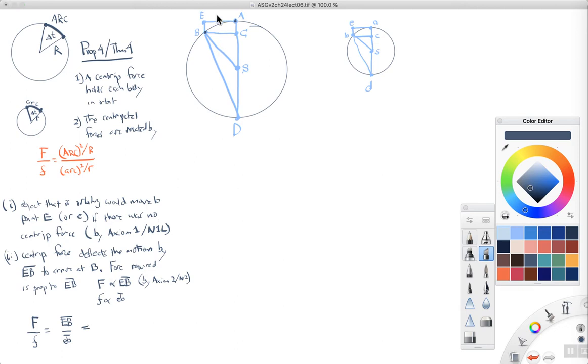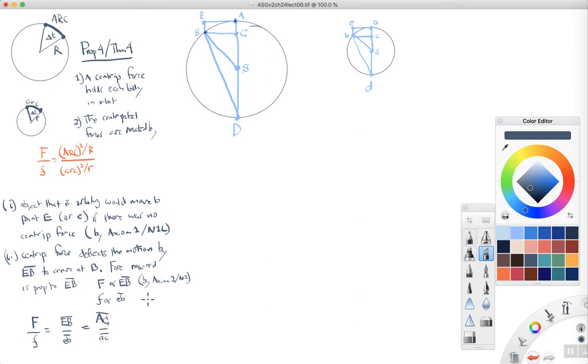And moreover, because I've drawn a rectangle here, I'm drawing a line horizontally over here. The length of EB is also equal to the length of AC, and the length of little eb is equal to the length of little ac. So we could equally well write that ratio as AC to little ac.